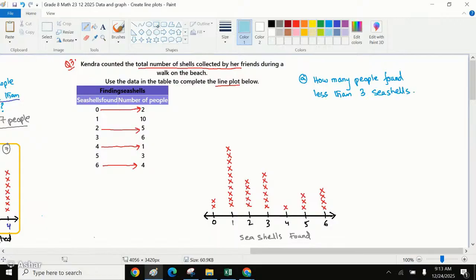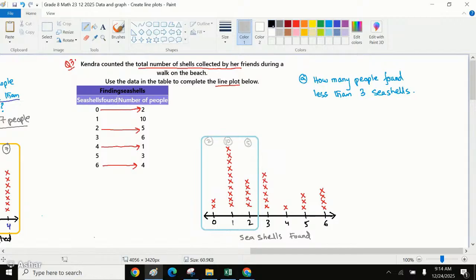Less than 3 would mean they cannot have 3 shells, but they can have 2 seashells, or 1 seashell, or no seashells, right? So we know this was 5, this was 10, and this was 2.